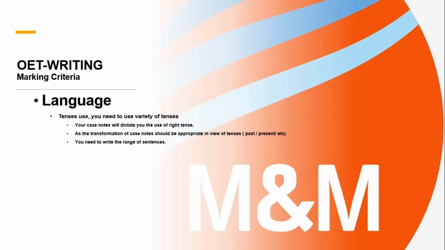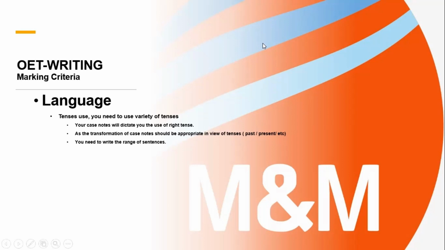So as per the importance of the events, I need to select the right tense. Our case notes will dictate when you have to use past simple and when you have to use past perfect. Sometimes candidates use the same form of tense, let's say past simple, for both events that can be separated by grammatical structure. One event should be written in the past simple and the other event in the past perfect.